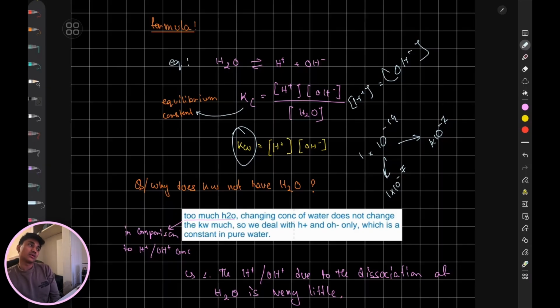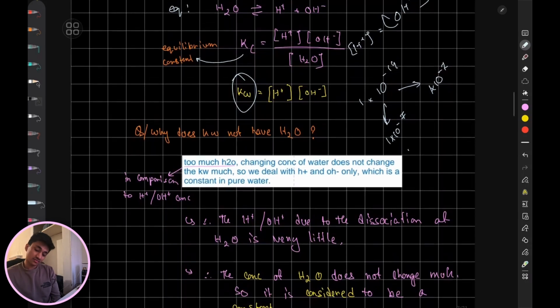Okay, we decided that, that is on us, and that is why 7 is your neutral reference point, because minus log base 10 of 1 into 10 to the power of minus 7 is 7. Okay, so this is why the 1 to 14 scale happens.